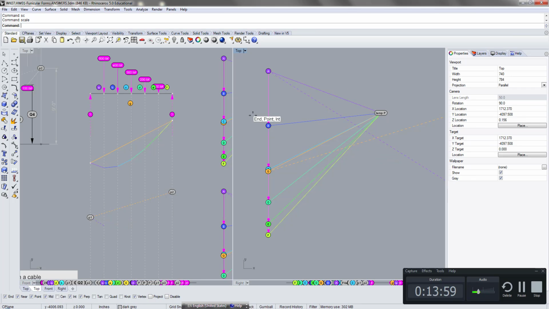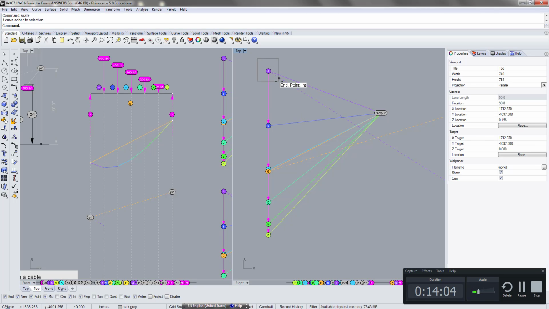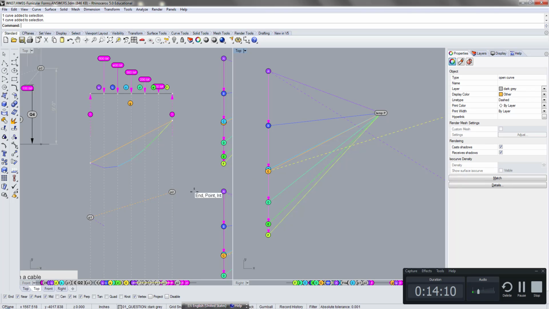Again, another thing I know is that this line is always going to pass through point A as well as point P. So now we've used these 2 lines. This line passes through point G and point P, and this line passes through point A and point P.